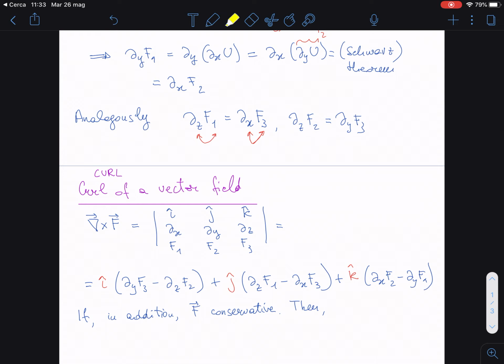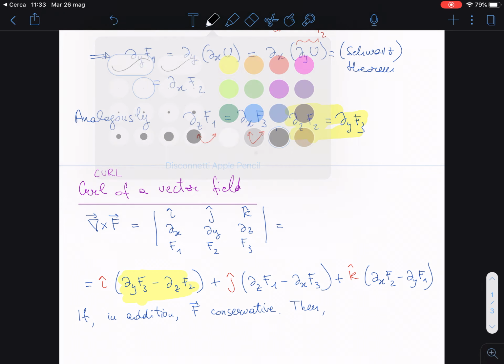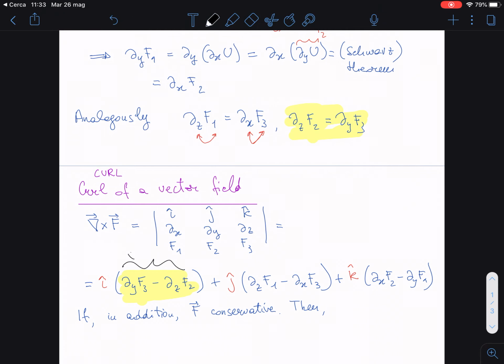For instance, you have here dy f3 minus dz f2, but here we have that dz f2 is exactly equal to dy f3, so this is equal to 0. The i component is equal to 0.